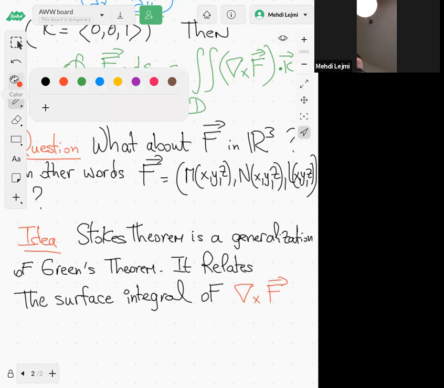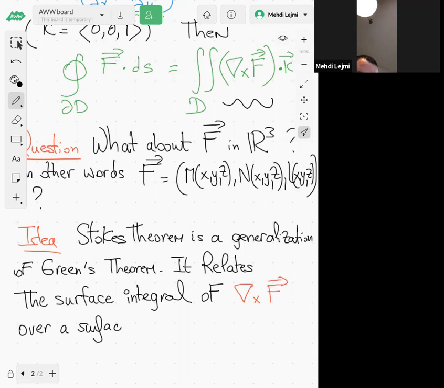Here it was over this domain D in the plane. Now it's over a surface in R3. Again, in Green's theorem, the domain D was in R2.